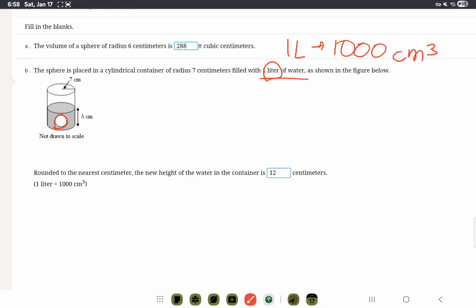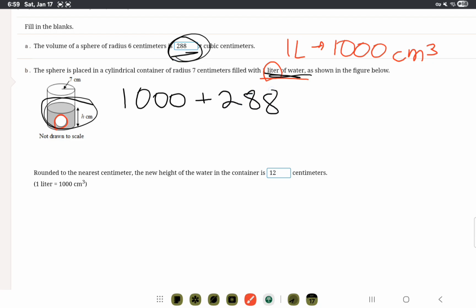Now we want to find the total volume including the water and the sphere, which is this. So what we are going to do is 1000 centimeter cubed plus 288 pi.